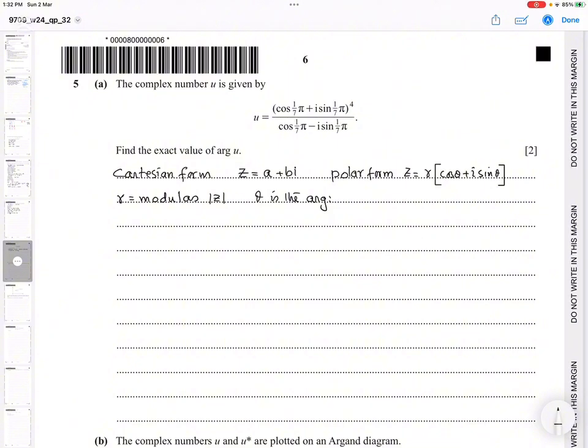We write argument like arg, provided there is a positive sign between cos theta and i sin theta.